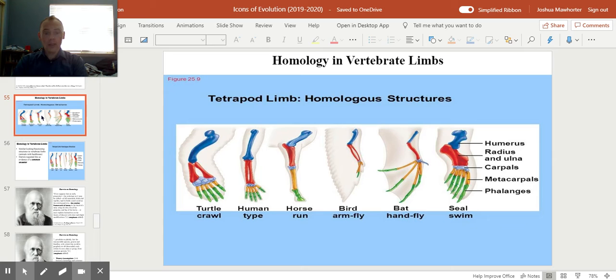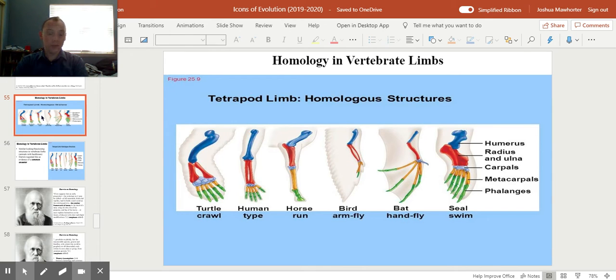So we see here what is called homology. Homology or homologous means something's the same or similar structure in this case. So when they talk about homologous or homology in vertebrate limbs, we're talking about animals that have bones, animals that have spines, animals that have these structures in them that look and are similar in their function in many ways, and also they are similar in the way that they look.